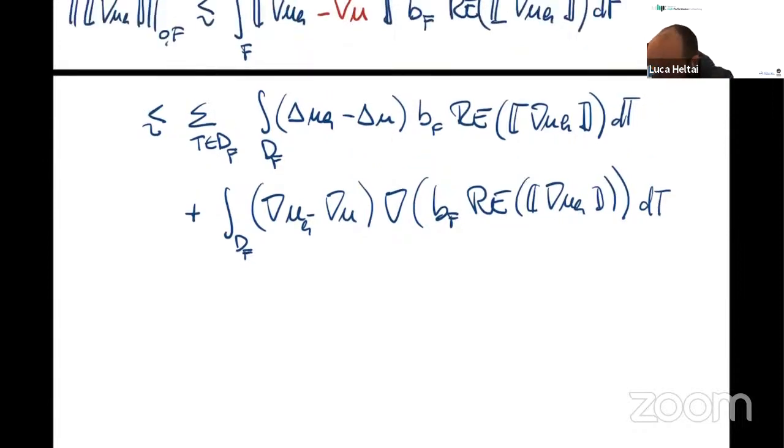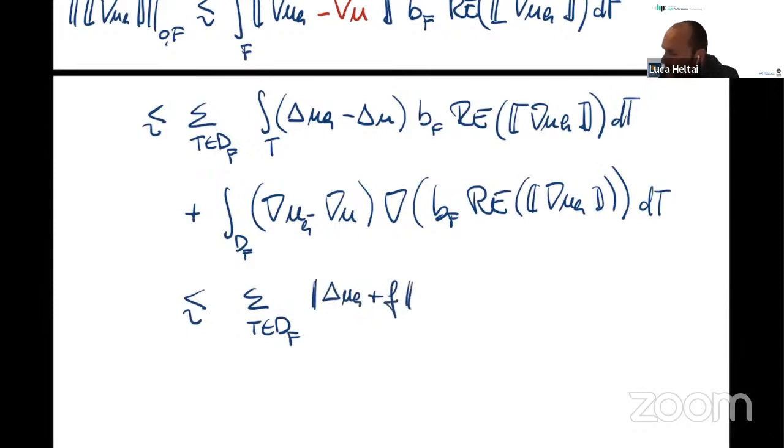So the first term is smaller or equal to the sum for t in df of what? The first one, I use the Schwarz inequality. This would be the norm of the Laplacian of uh plus f, because the Laplacian of u is equal to f. This is what I want to have. This is 0t.